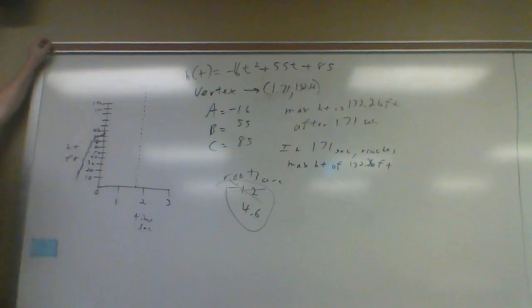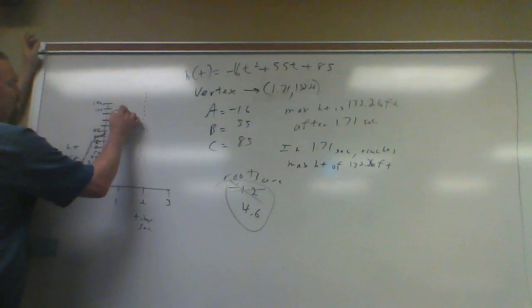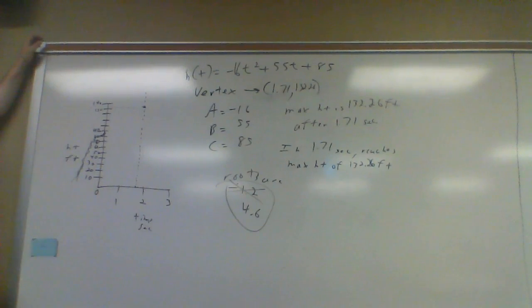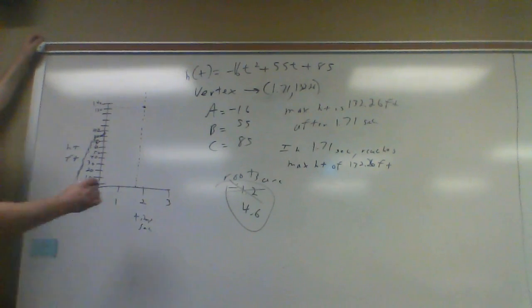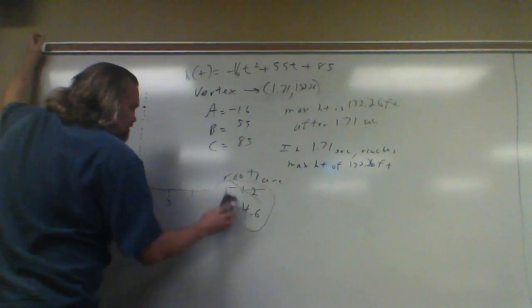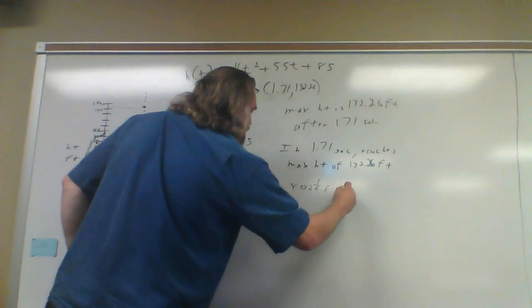That's where our vertex is going to be. Does that make sense? And it's going to have to be at 132 feet about. So somewhere about there. There's my vertex. And it's going to hit the ground. Shoot, I have to do this again. This is so much better with a smartboard.